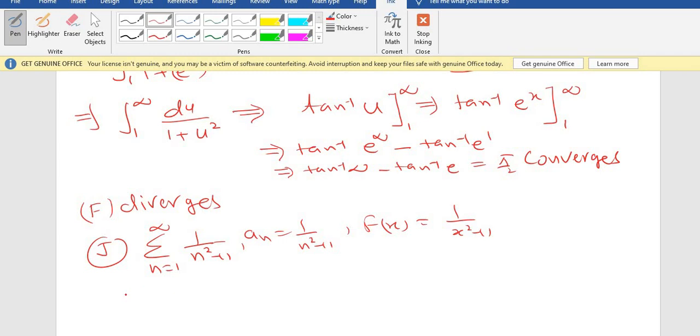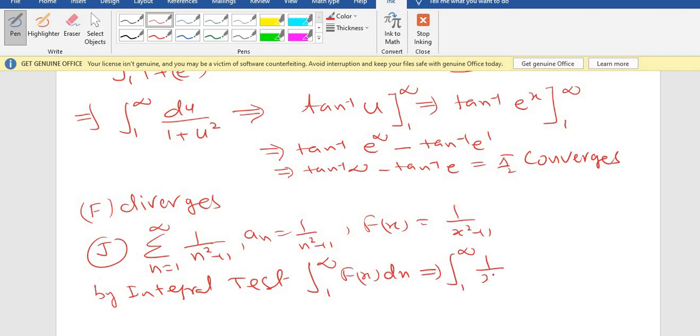So by the integral test, the integral from 1 to infinity of f(x) dx, where f(x) is 1 divided by x square plus 1. The integration of that is tan inverse x, with the limit 1 to infinity.